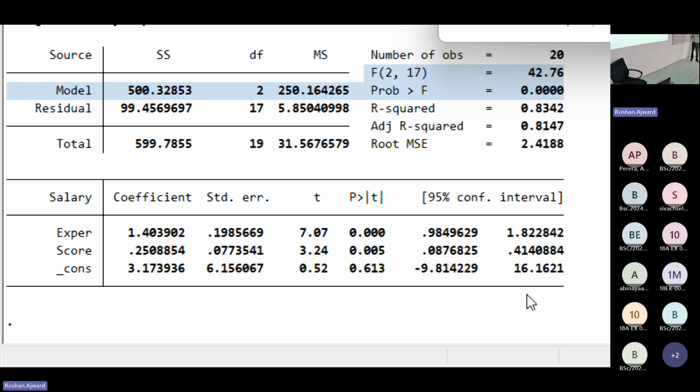Alpha is the intercept. Plus, since I don't have space there, I'm going to write it out here. Plus 0.251 is the equation that I could write. Salary equals alpha plus 1.4. So I have that for you. I'll show you that.